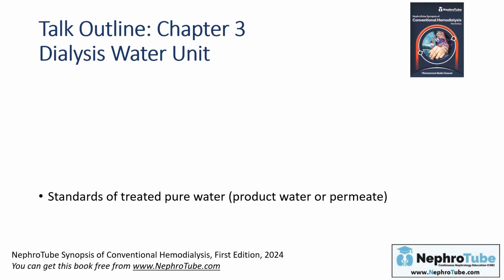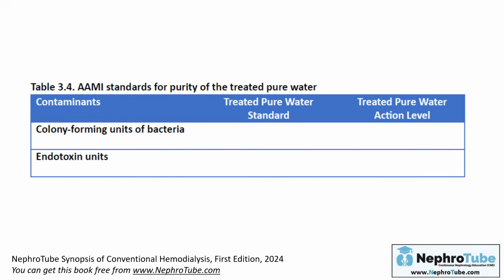The next point is, what are the standards of treated pure water? Regarding the standards of the Association for the Advancement of Medical Instrumentation, the accepted maximum colony forming units of bacteria in the water and the accepted maximum endotoxin units level in the product water.